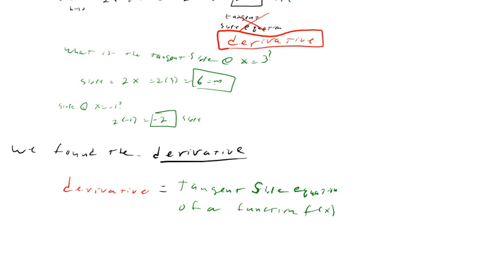So the formula again for the derivative is the limit as h approaches 0 of f of x plus h minus f of x over h.